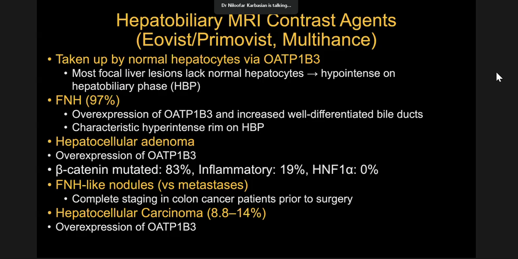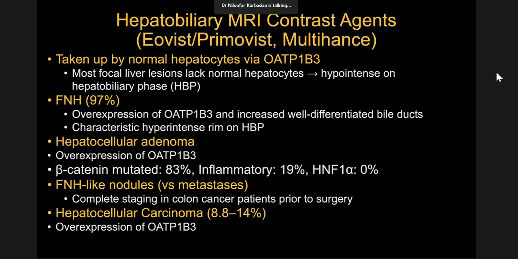And usually, the focal liver lesions that are different from the normal background parenchyma are technically not supposed to take up that contrast agent and are supposed to present as a hypointense lesion on hepatobiliary phase.